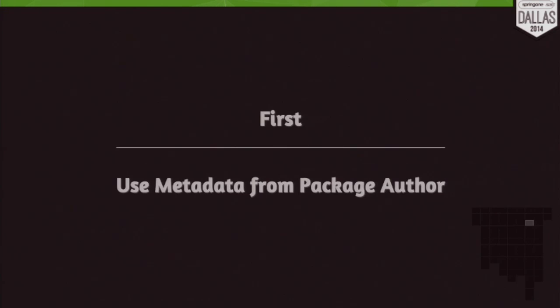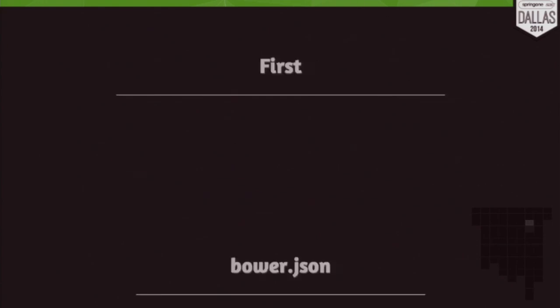The way to use it, first, is to take metadata which is inside the package manager. The package author, when publishing a package, also puts some metadata, and Rave uses this metadata to set up the environment.